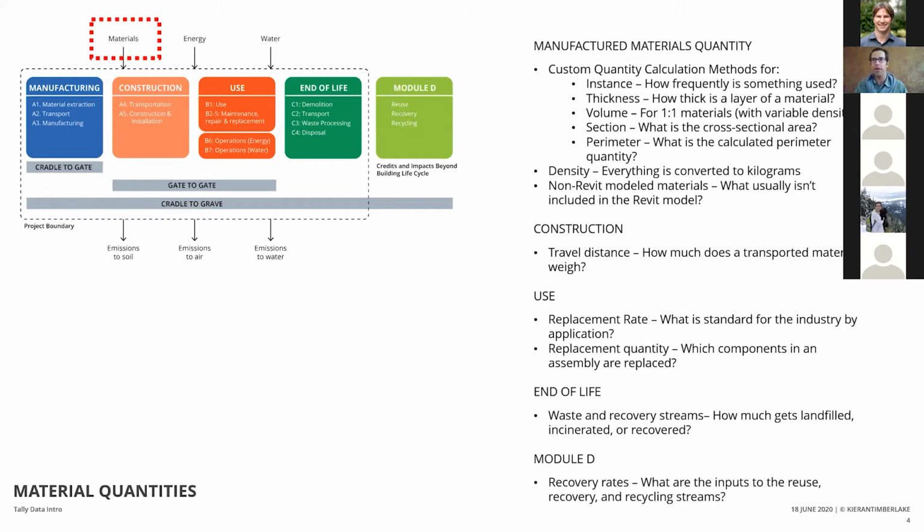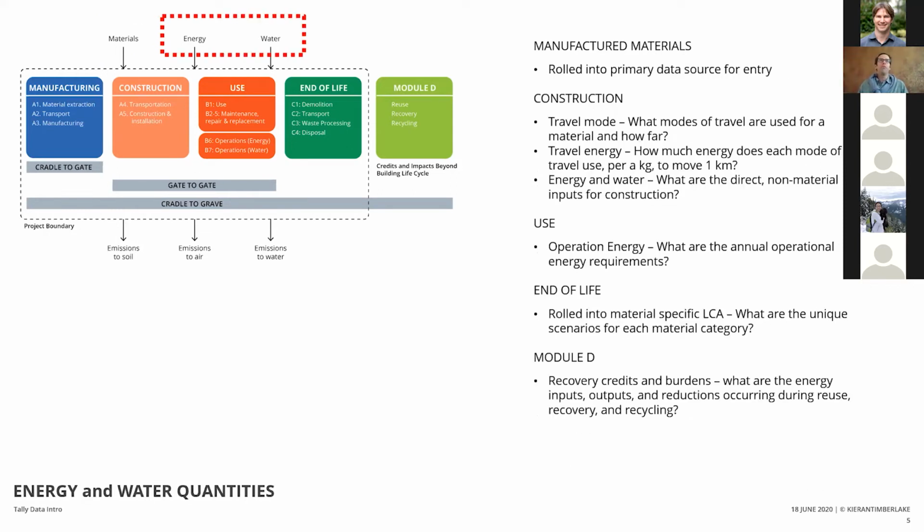Then you have end of life, essentially how much stuff goes into all these various waste streams. And then you also have to have module D, where once something goes into a waste stream, how much of those different pieces might be recovered or given back as a credit. So next, we also have to look at all the energy and water inputs into a particular material.